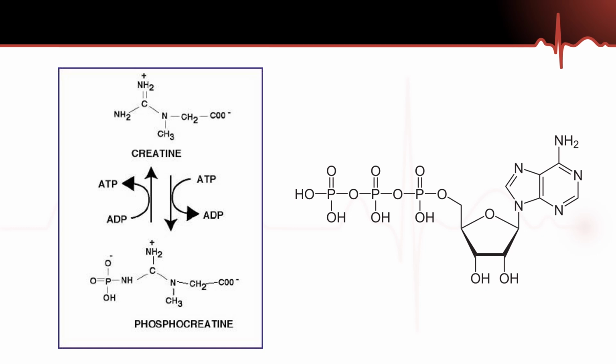Okay, so in every single muscle cell, what you'll hear is that there's a certain amount of stored ATP. I don't really like that term, but it's technically true. There's a certain amount of ATP that already exists inside of the muscle cell. And in reality, the muscle cell is actively making it, so it's just there. There's a certain amount of ATP that always exists inside of all the cells in our body, and especially in higher quantities within our muscle cells.